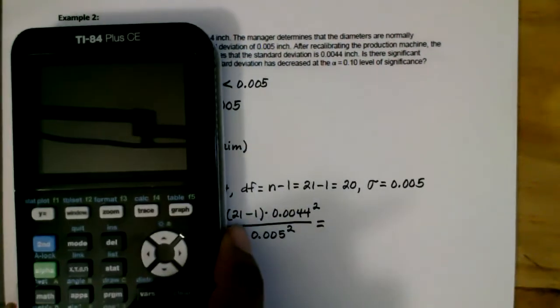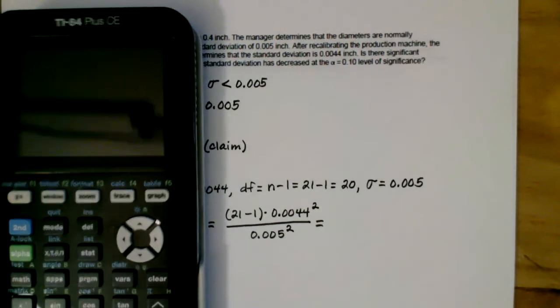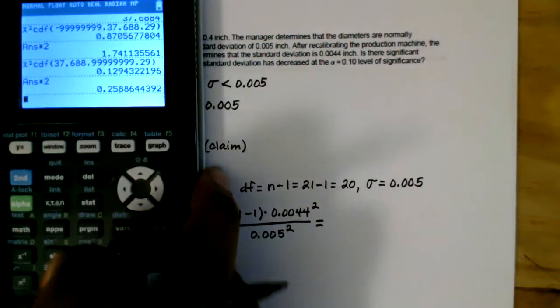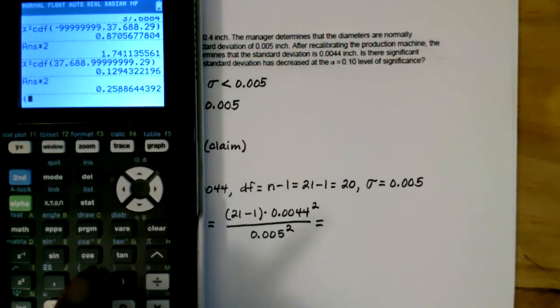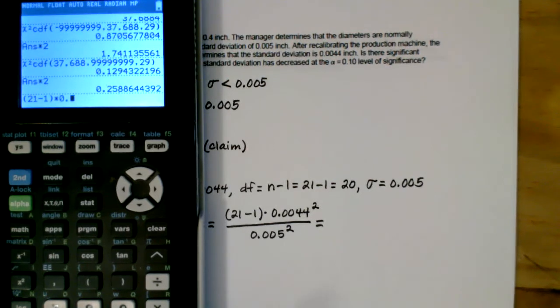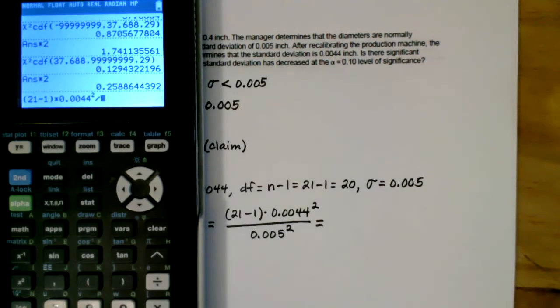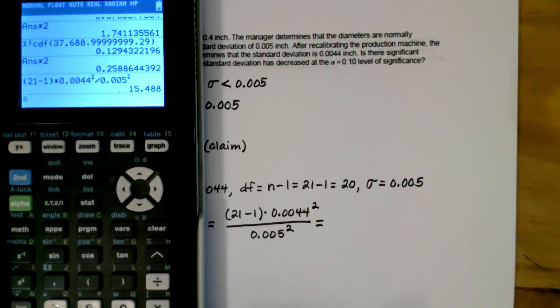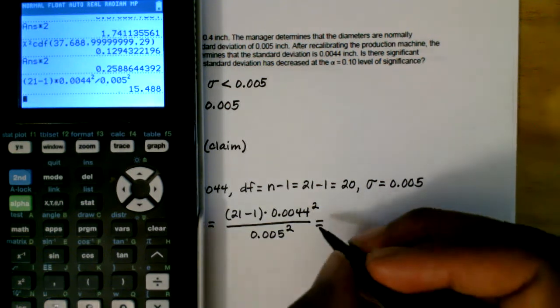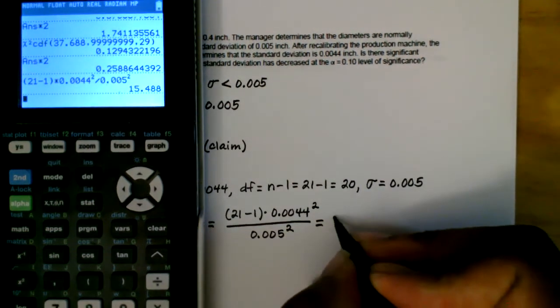Okay, so let's see what we got here as the final test statistic. If I do 21 minus 1 in parentheses, and then times 0.0044, and I square that, then divided by 0.005 and square that, I will get 15.488, and it is exactly just 3 decimal places.